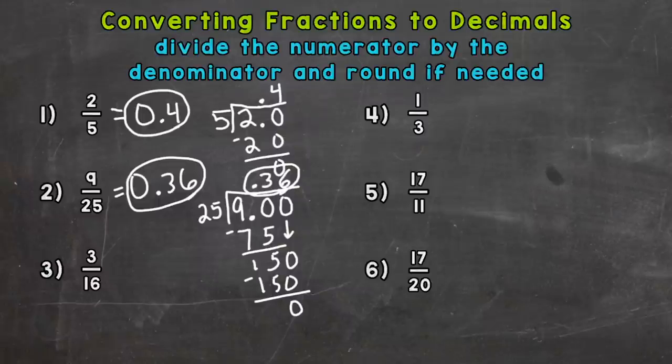Let's take a look at number 3. Now number 3, if we were to plug in 3 divided by 16 into a calculator, we would get the following decimal. And it goes to the 10,000ths. So it's typical to either round a decimal to the thousandths or hundredths.